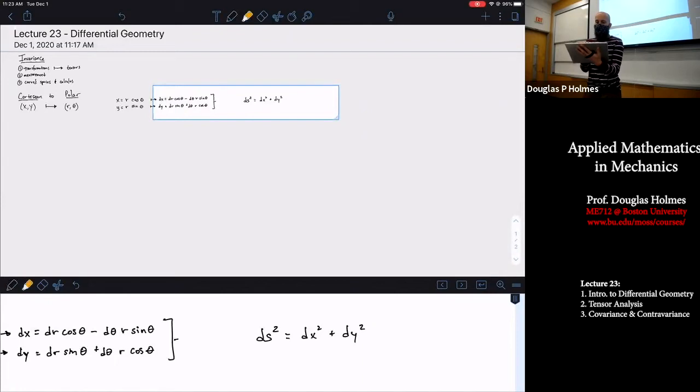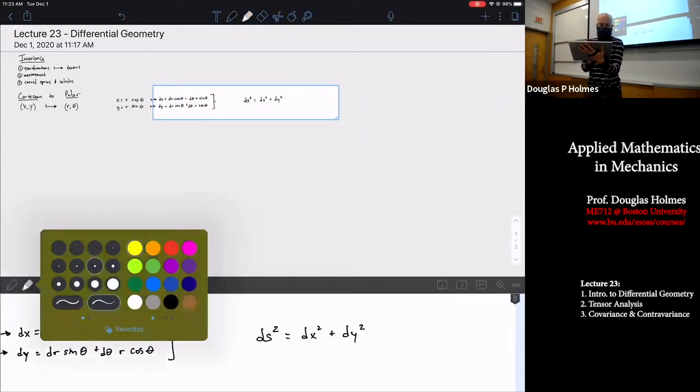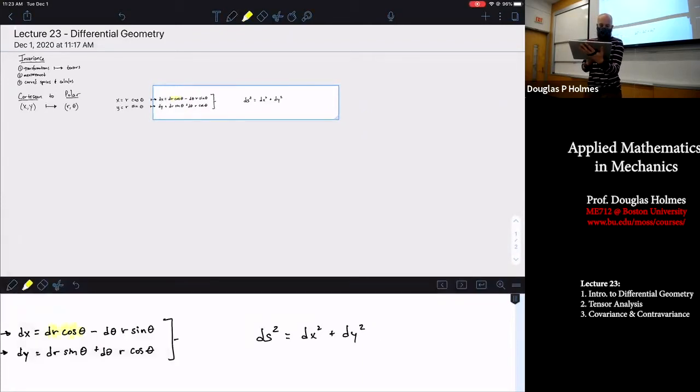So now we have things that we can substitute in for dx and dy.